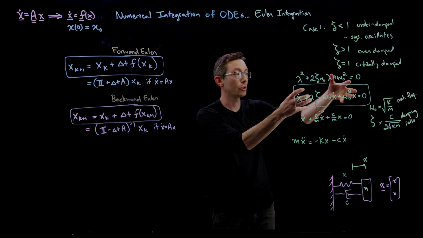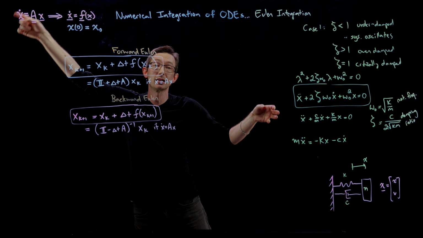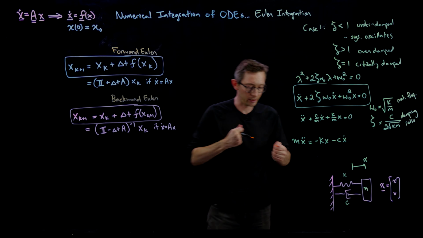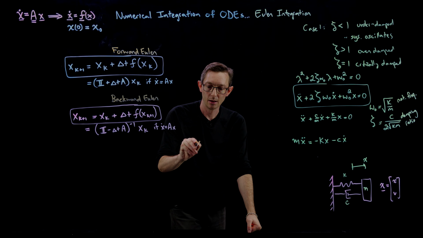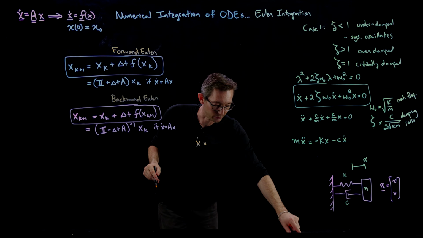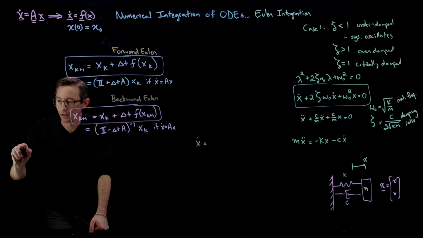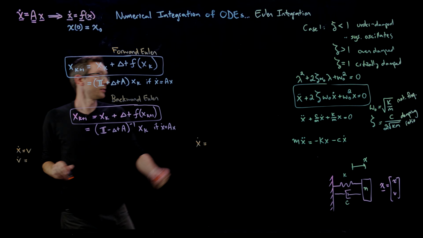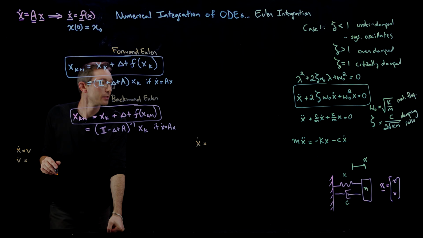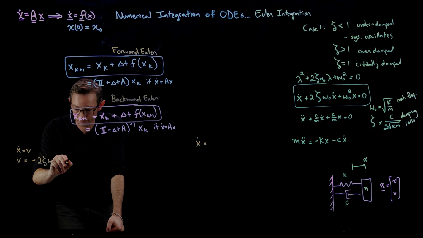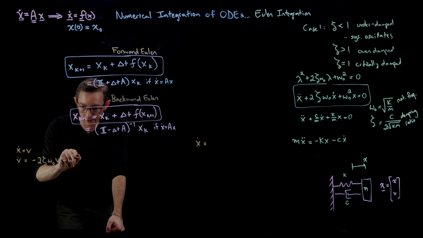In particular, I'm going to turn this into a matrix system of first order equations. We've done this a lot of times, and the way we're going to do that is to introduce the variable: x dot equals v, and v dot equals all of this stuff on the right, so that would be minus 2 zeta omega naught v minus omega naught squared x.